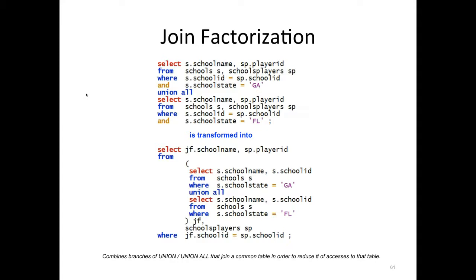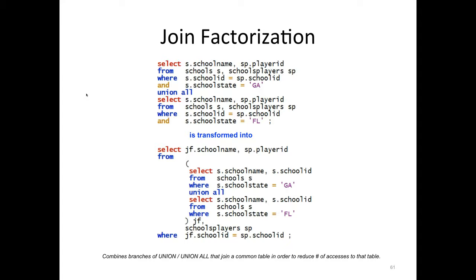Now, that schools players table is going to provide a player ID. We're going to need that for the final answer, but we don't really need to touch that table twice. Why? Because all we really want is rows for schools that are in Georgia and Florida.